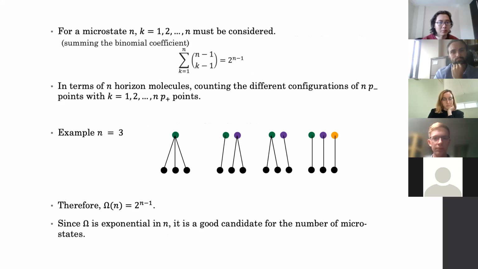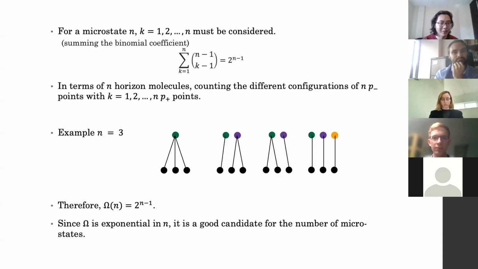Furthermore, as Ben said earlier, on the 2+1 space we can have more than 1 p plus. In fact, the maximum number of p plus is the same as the number of p minus.